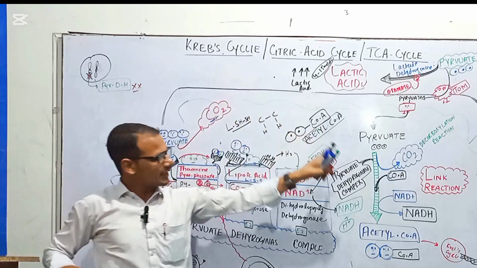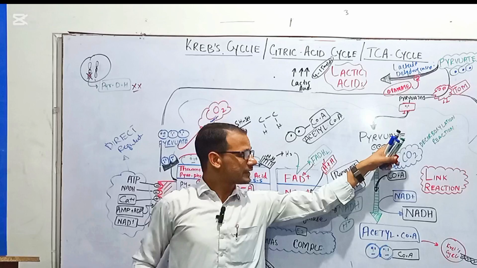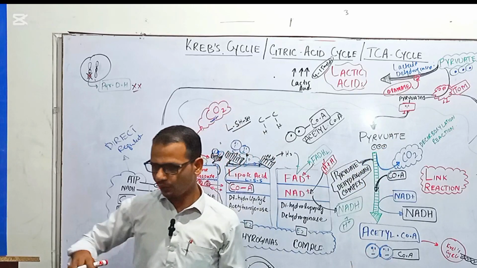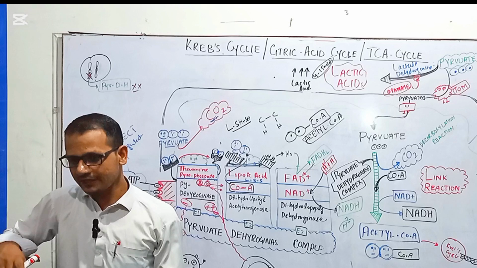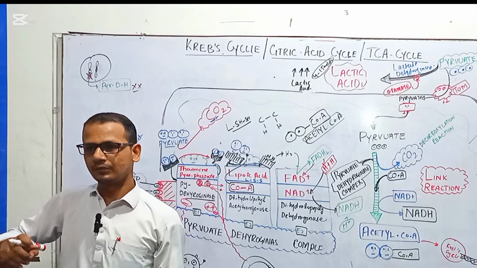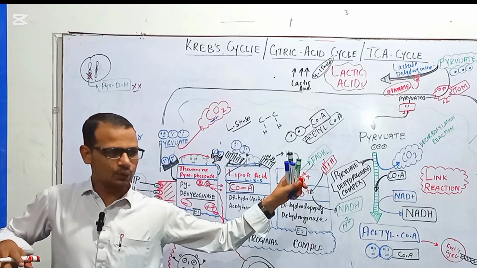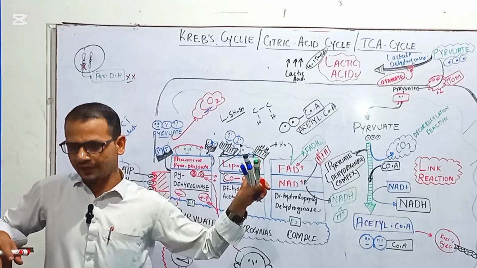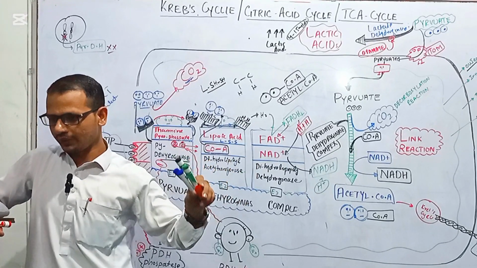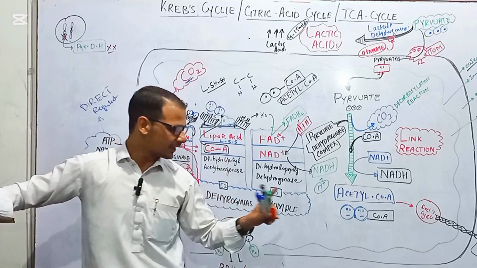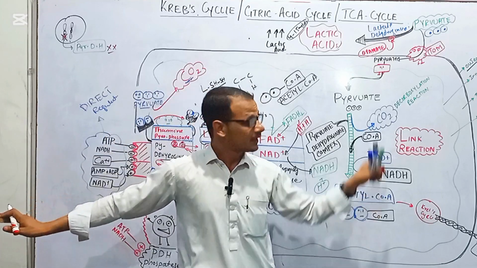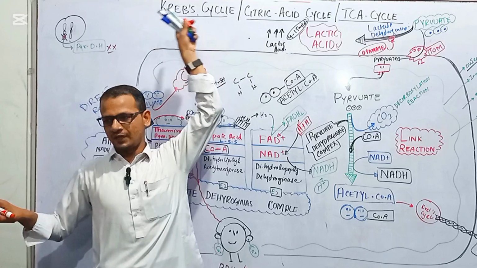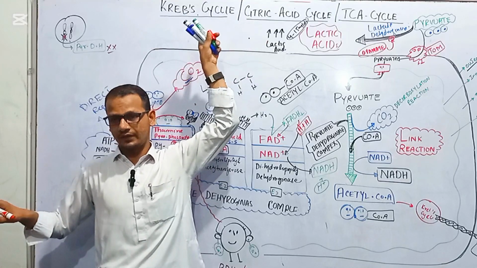When pyruvate dehydrogenase is not synthesized, pyruvate cannot convert into acetyl coenzyme A, and the cell will overdose on pyruvate. This pathway will run in this direction and form a lot of lactic acid.